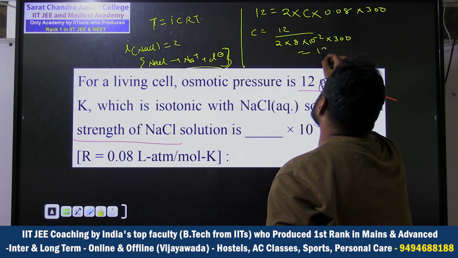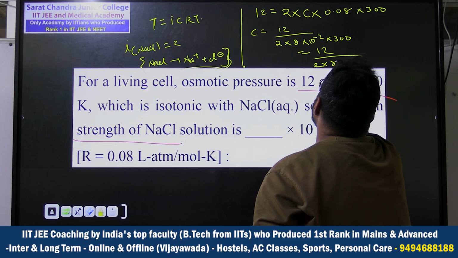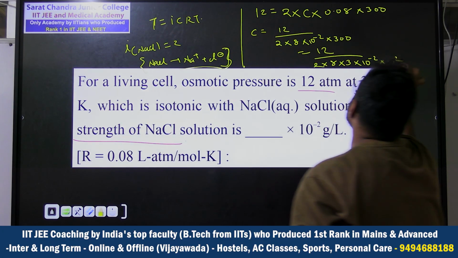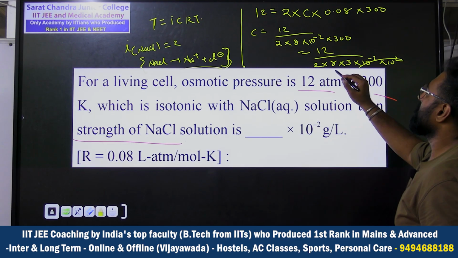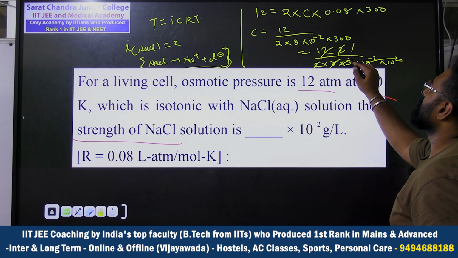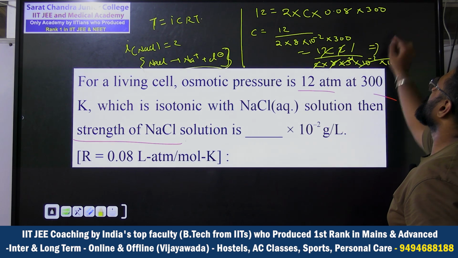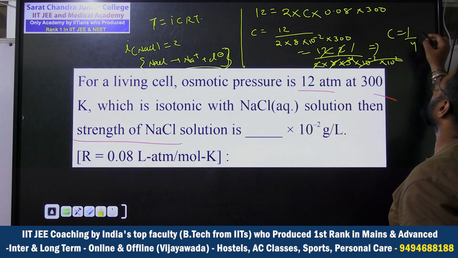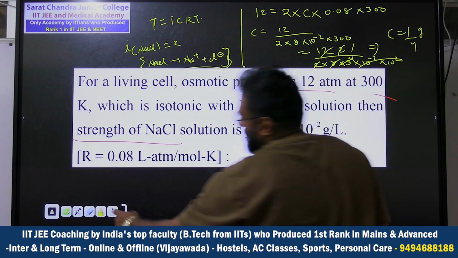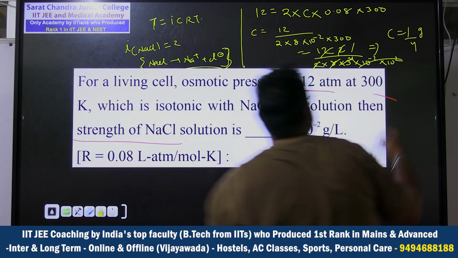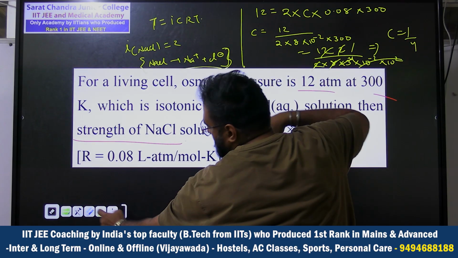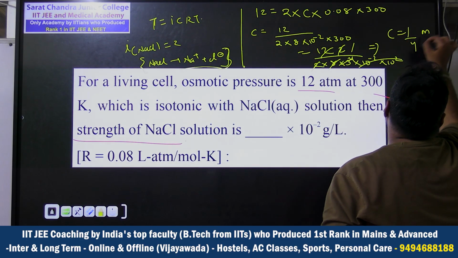So 10 to the power minus 2 and 10 to the power 2 cancel, and it simplifies. So C is 1 by 4 mole per liter. C is the concentration.